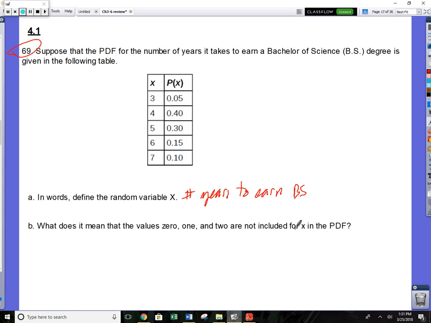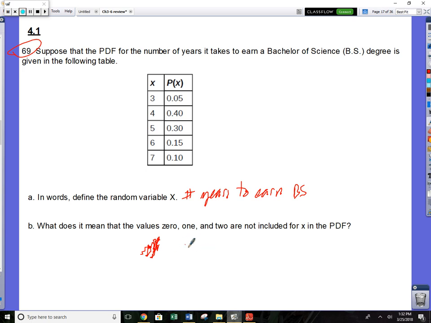B, so if you're looking at this table, what does it mean that little x does not equal 0 or 1 or 2?